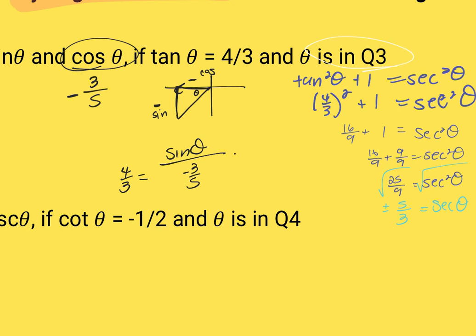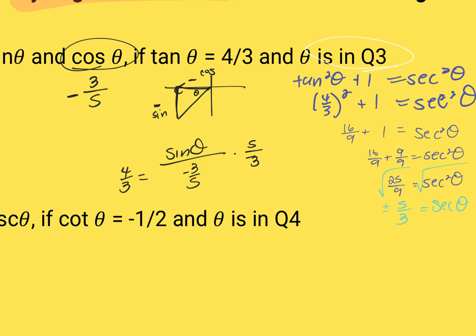And I can multiply both sides by negative 5/3. And I get negative 20/3. Wait, did I flip it? Hang on. Sine over cosine equals tangent. Yeah.